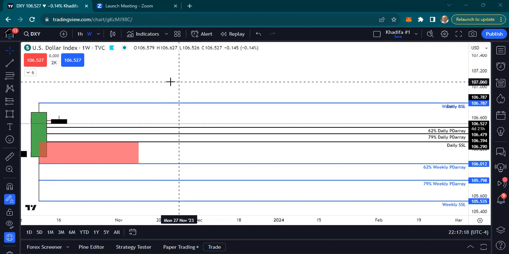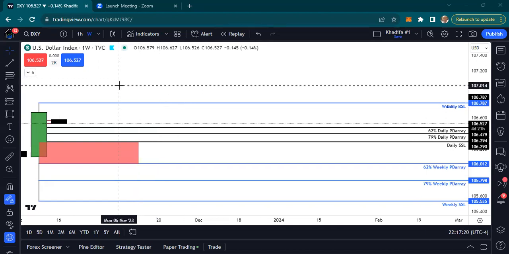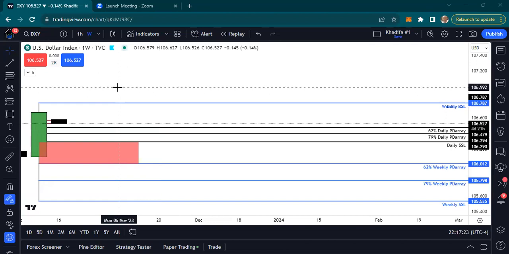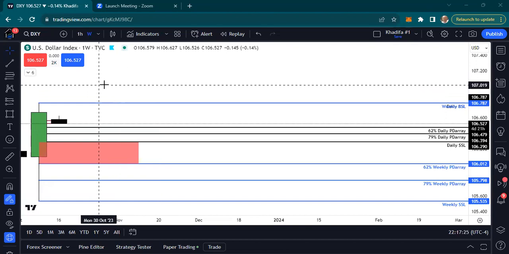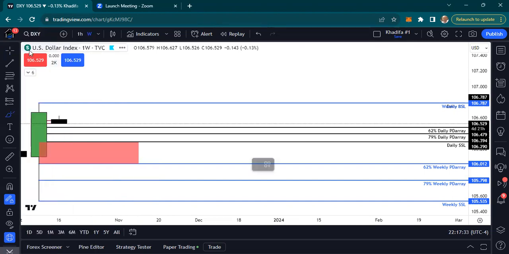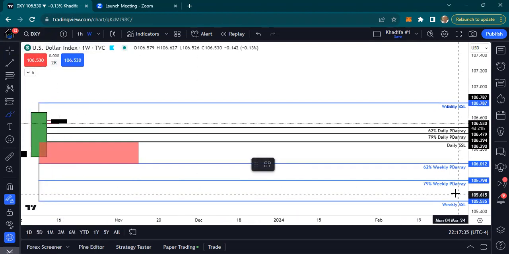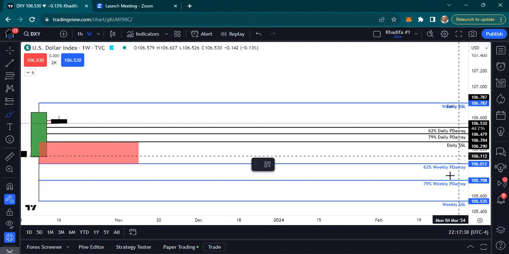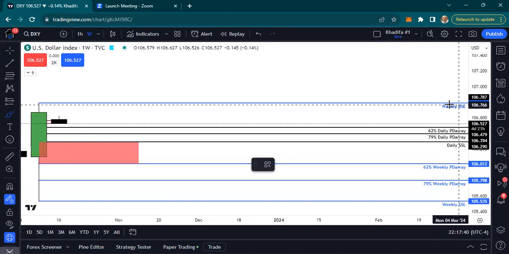So, looking at Dixie, the dollar index, I would like to see us stay above the daily PD arrays. So if you look to the right of my chart, you'll see all of my levels are identified.